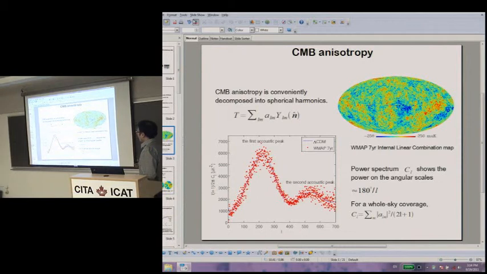For a certain multipole L, you get information on a certain angular scale, which is roughly given by this. For whole sky coverage, the angular power spectrum is simply given by this, but for incomplete sky coverage, it's a little more complicated than this.